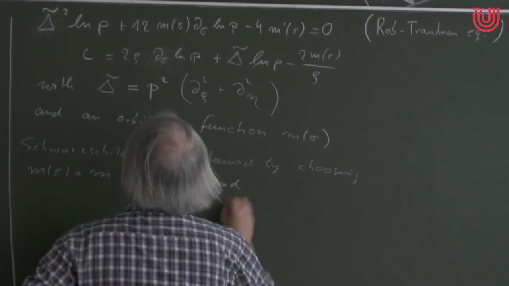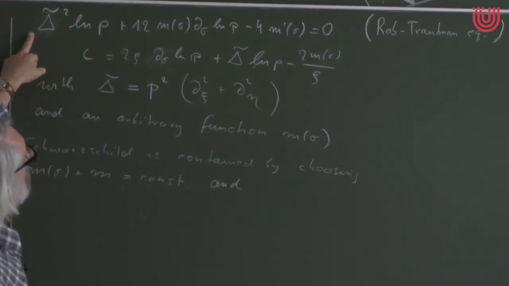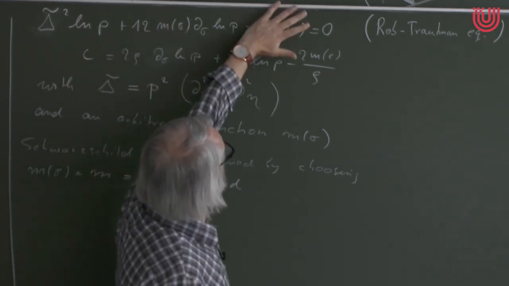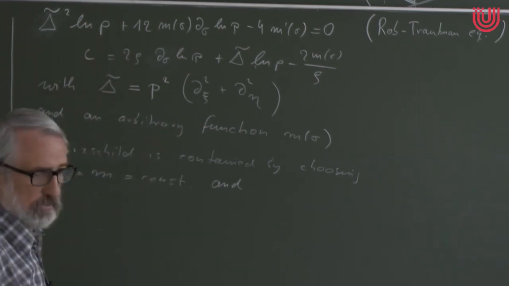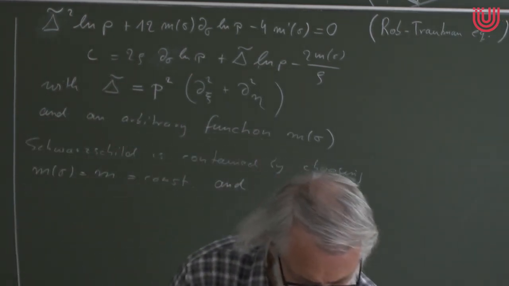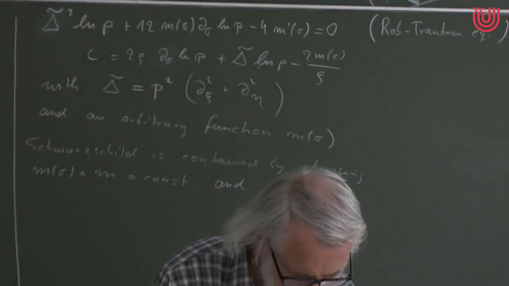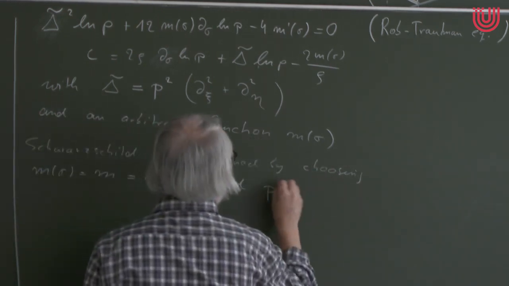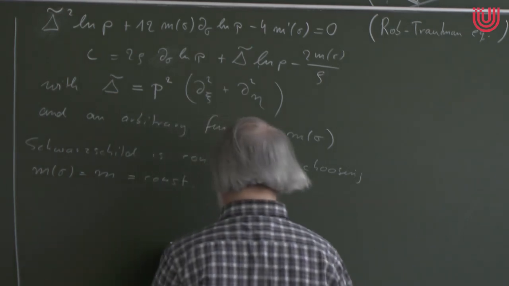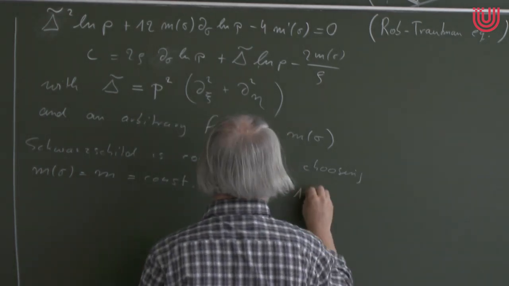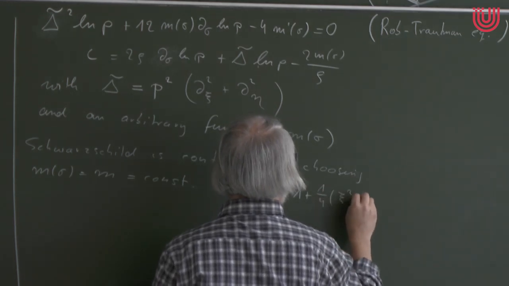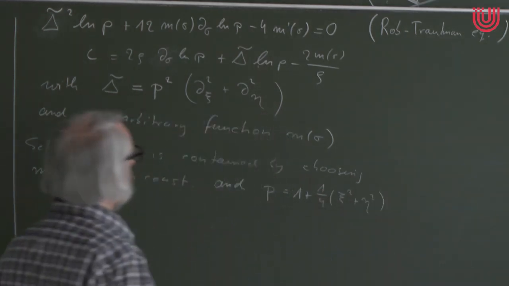And the P, okay, then you have to solve this differential equation where this is a constant and this is 0. Then it's actually not too difficult to find a solution. And the solution is this. P is, in this case, independent of sigma. It is 1 plus 1 over 4 times psi squared plus eta squared.